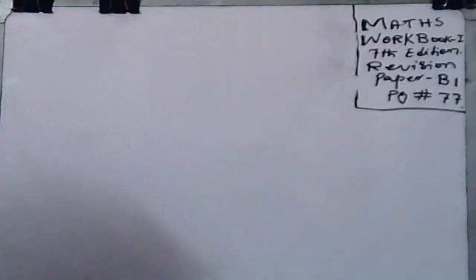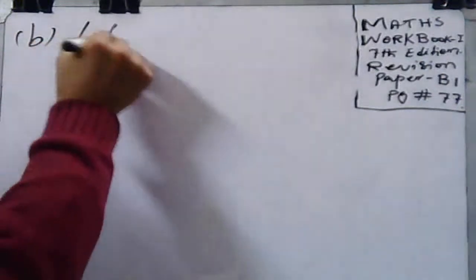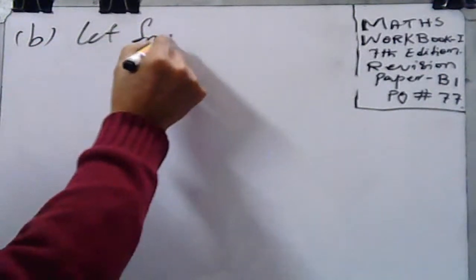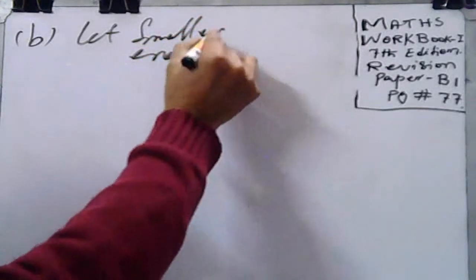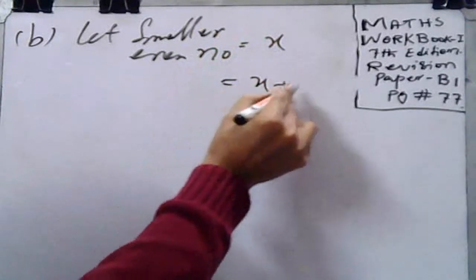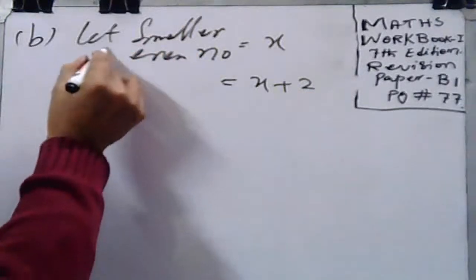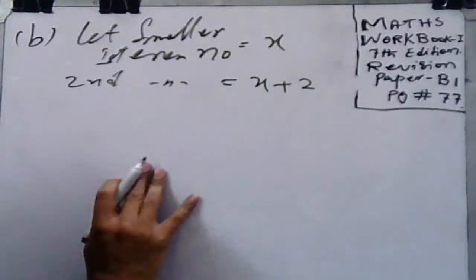Let the smaller even number be x, and the larger number is x plus 2. The second even number is x plus 2.